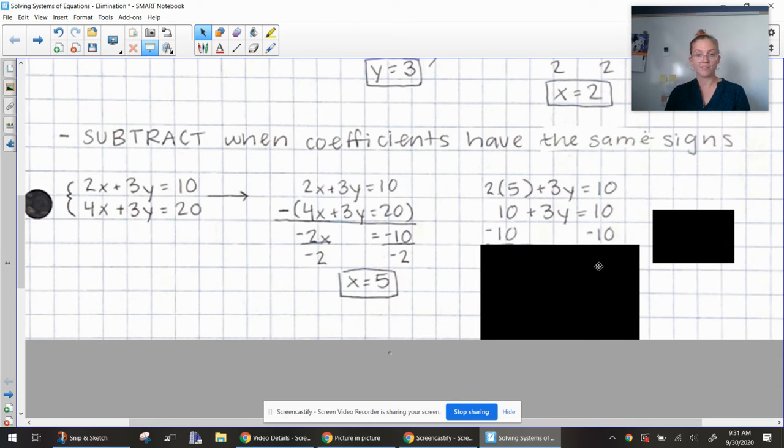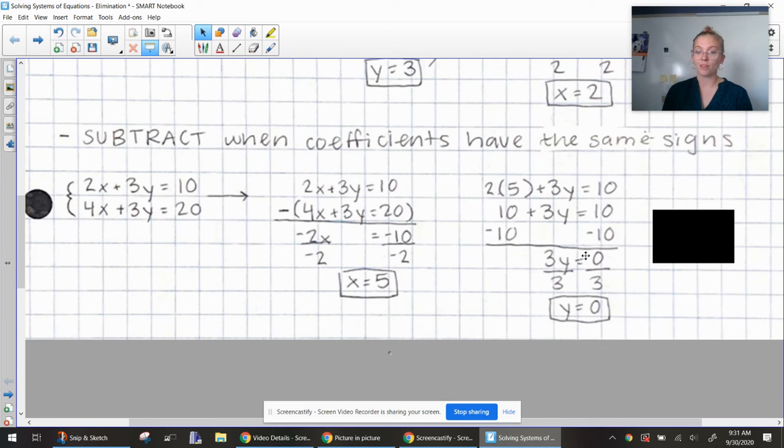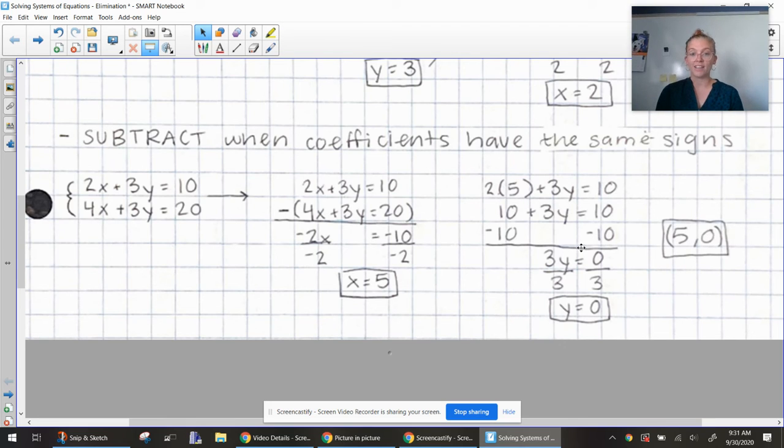Subtract 10 on both sides. That leaves me with 3y equals 0. We can divide by 3 on both sides, and y equals 0. So my final solution is 5, 0. The coordinate 5, 0 is the xy ordered pair that both of these equations share or have in common.